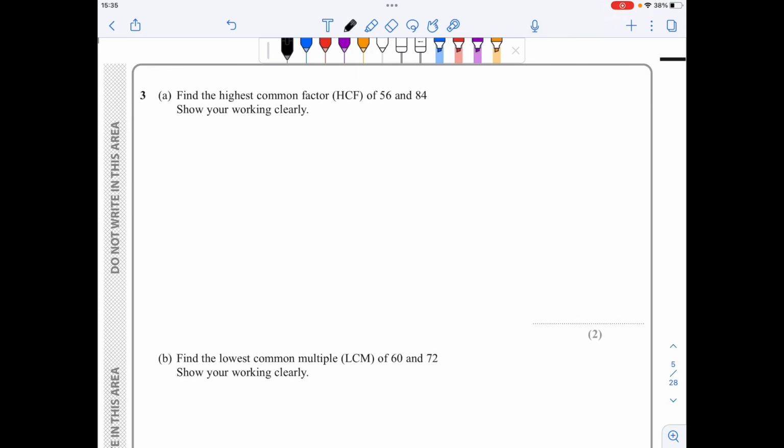For part A of question 3, I'll write 56 and 84 as the product of prime numbers. So 56 divided by 2 is 28, divided by 2 is 14, divided by 2 is 7, divided by 7 is 1. So 56 is equal to 2 to the power of 3 times 7 to the power of 1.